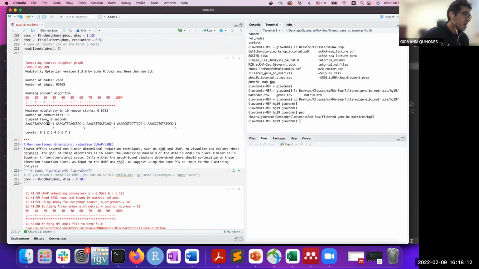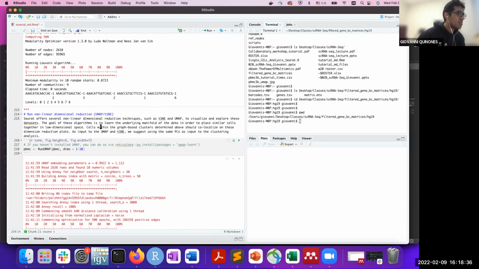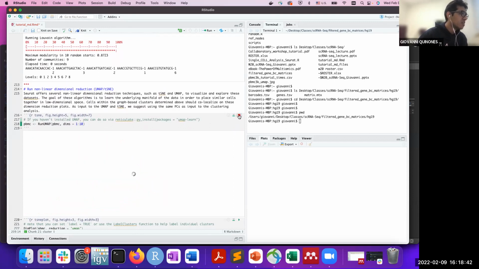And if you see in the output, it is showing you the different barcodes, so the different cells, and this label, which indicates the cluster they belong to. So this cell is in cluster 2, this cell in cluster 3, and so on. And once we have this clustering information, we can use it to feed our UMAP and to perform this dimensionality reduction and this 2D plot.